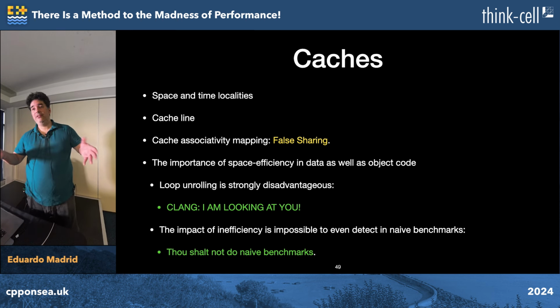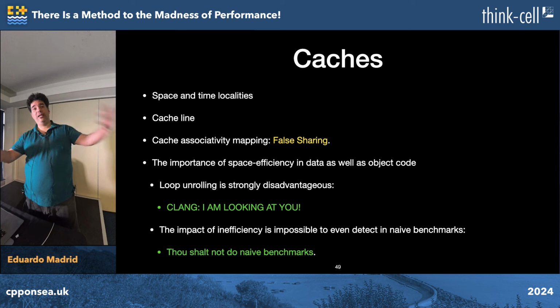Another thing that can kill you in terms of the results that you get for the efforts that you put into doing performant code is to have naive benchmarks, because naive benchmarks are going to be profoundly misleading and are going to take you away from the end result.